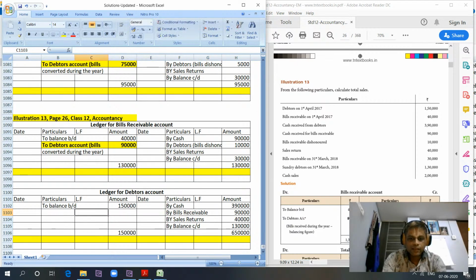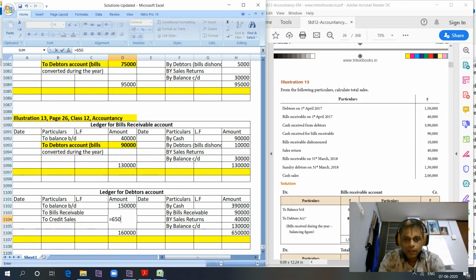And then we have bills receivable dishonored here, so debtors to bills receivable, which is 10,000. And this will give total credit sales, which is equal to 6,50,000 minus 1,60,000. 4,90,000 is the total credit sales for the year.